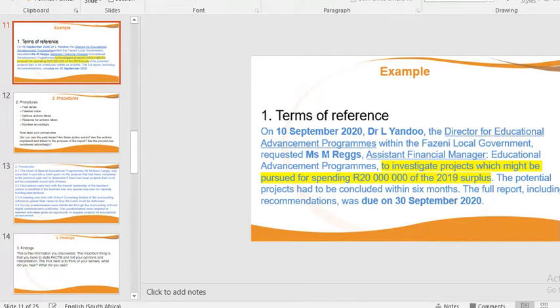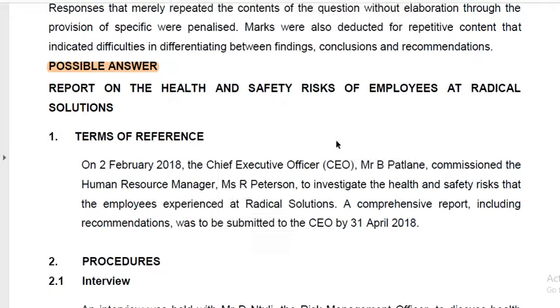Okay, sharp. Let's go back to our memo and see how they provided their example there. Number 1. Can you see that number 1? It's very important, you guys. Number 1, terms of reference.